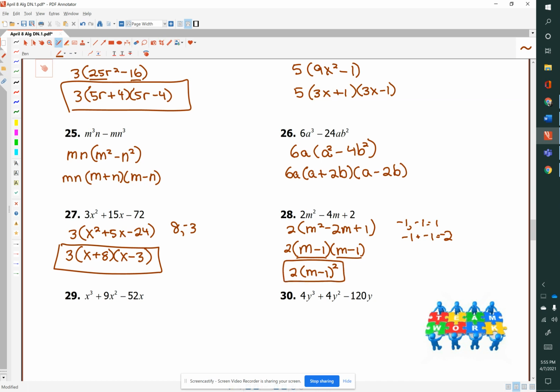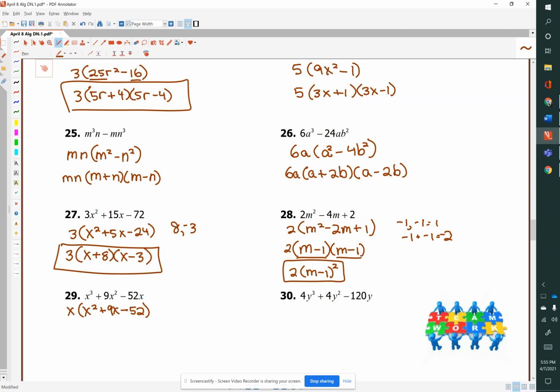And then finally, number 29, x to the third power plus 9x squared minus 52x. We can factor out an x, which leaves us with x squared plus 9x minus 52. Now, it's not a difference of squares, obviously, so we need two numbers that add to 9 and multiply to negative 52.